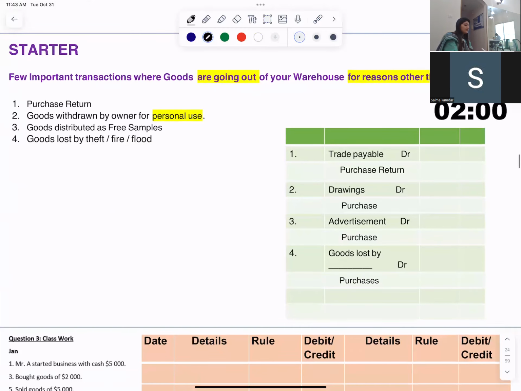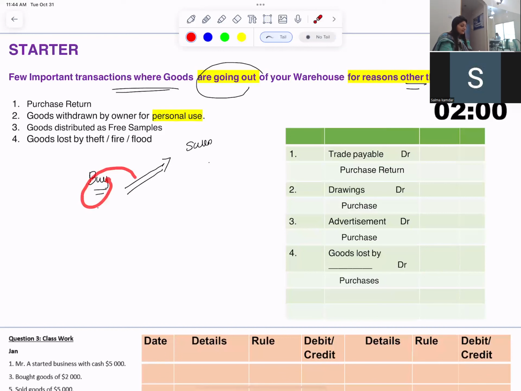Now there are a few important transactions where the goods are going out of your warehouse other than sales. Normally, whenever you buy the goods, the goods will go out of the godown for sales. You buy, you sell, you buy, you sell. But there are four instances when your goods are going out of the godown, but it is not sales.